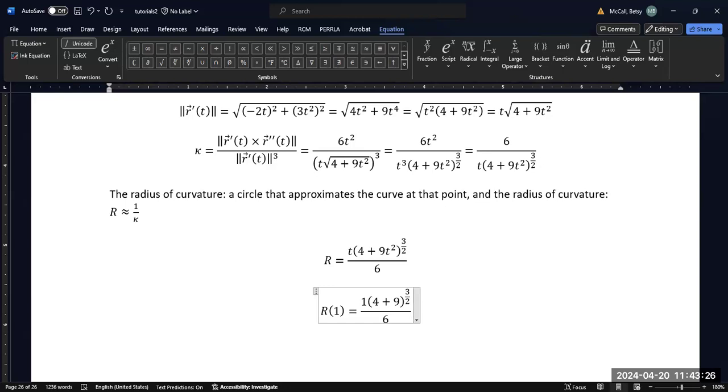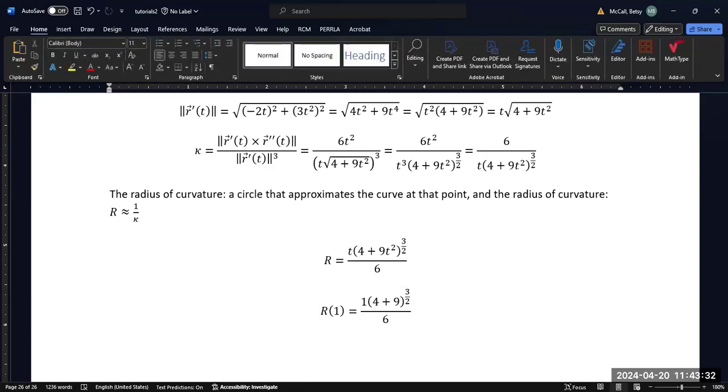And if we plug that into an equation, we can find the radius of curvature at this point. This is not a great number, but nonetheless, we want it to intersect with the curve at the point where t is equal to 1. So that's not the center of the circle. That's where the circle approximates the curve.